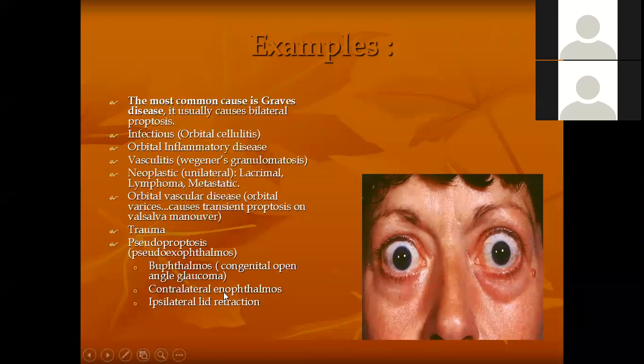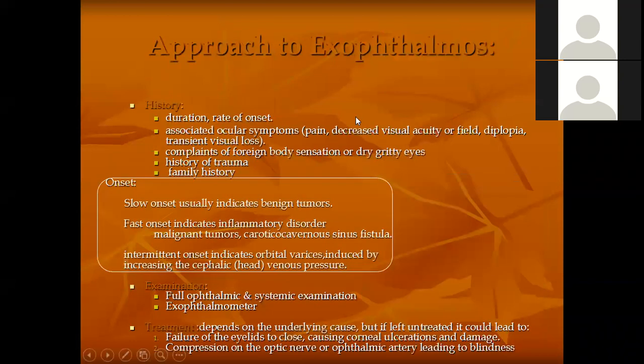In spite of the fact that one eyeball has sunken inside, we overlook it and say that the other eyeball has bulged out. This is wrong, and this produces a condition called pseudoproptosis. Ipsilateral lid retraction: sometimes lid retraction might give a picture which simulates proptosis. So that will also give you a diagnosis of pseudoproptosis.